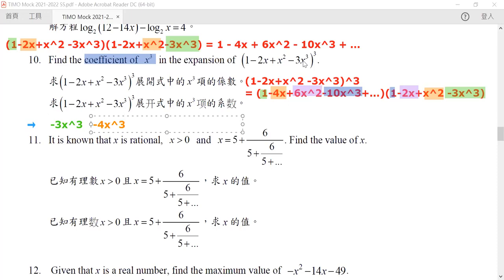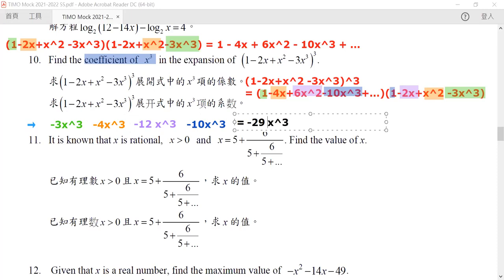For our purple term, it will be equal to -12x cubed. And finally, for our blue term, it will be -10x cubed. So if we sum them all up, it will be -3, -4, -2, -12, and -10. So what we get is -29. So our coefficient is -29.